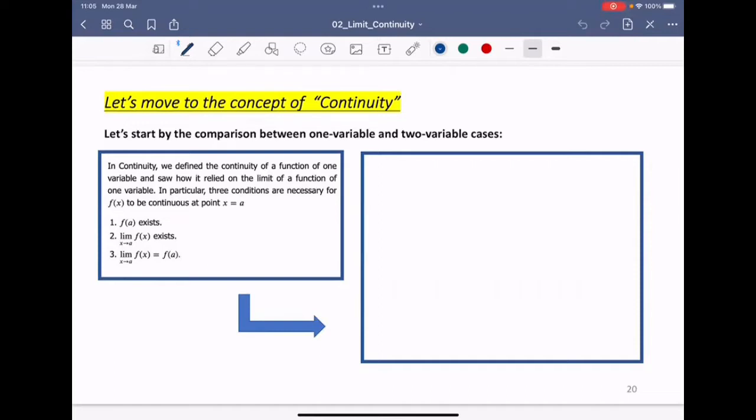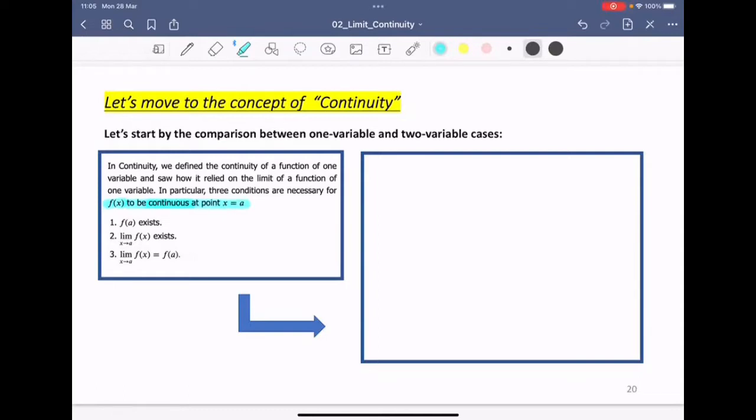In this slide, you can see that I have two boxes here. On the left-hand side is the definition of continuous at the point x equal to a in one dimension. In Calculus 1, you say that a function f is continuous at the point x equal to a if three conditions are met.